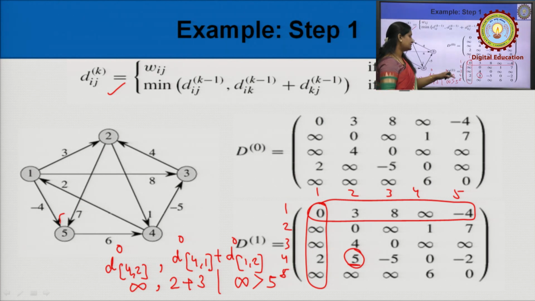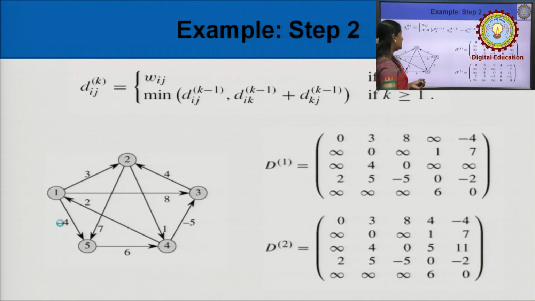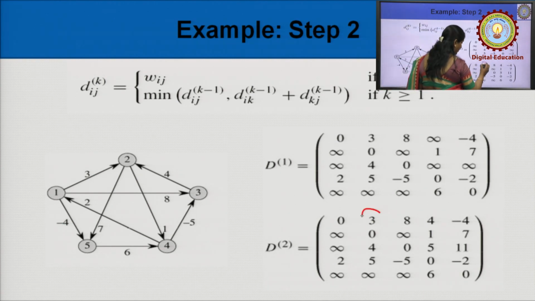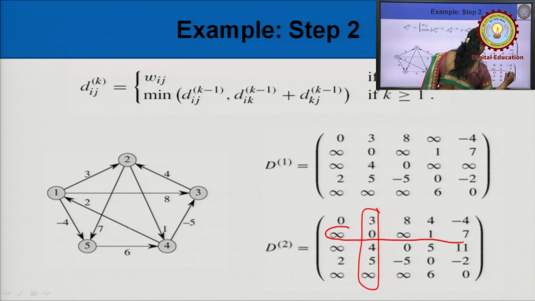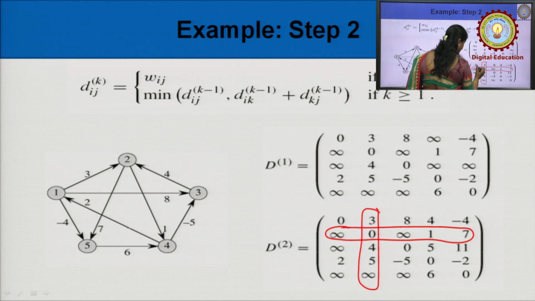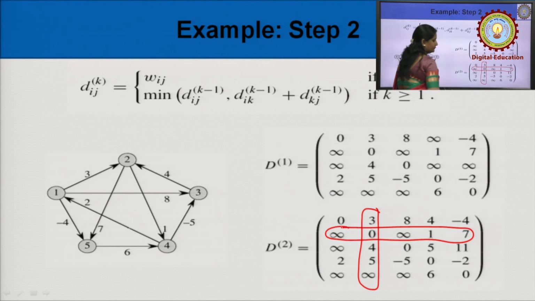Now this is the distance matrix via vertex 1. Now we calculate the distance matrix via vertex 2. For calculating the matrix via vertex 2, always use the just previous matrix, and in this we copy the second row and second column, because the paths from the second row and second column remain the same, and all the diagonal elements are 0, and calculate all the values of the matrix using this formula.